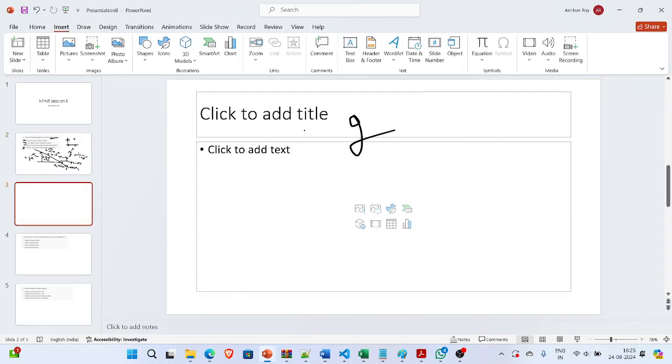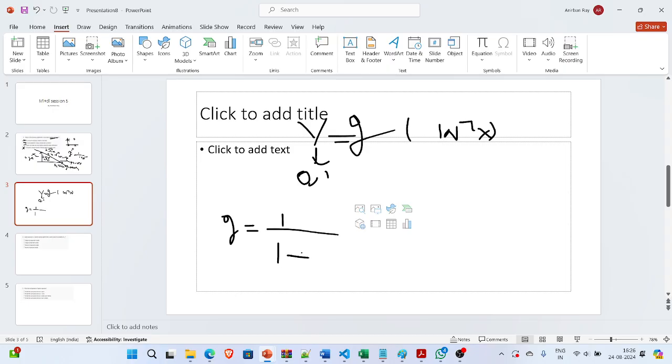The classification y can be 0 or 1. So this is w transpose x, and here g is 1 upon 1 plus e to the power minus x.